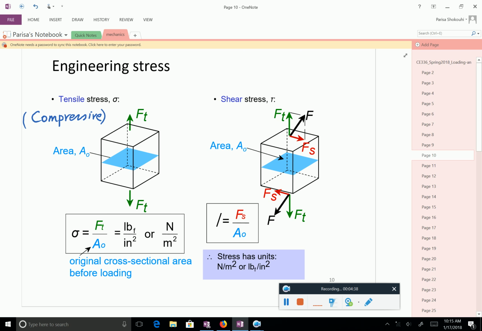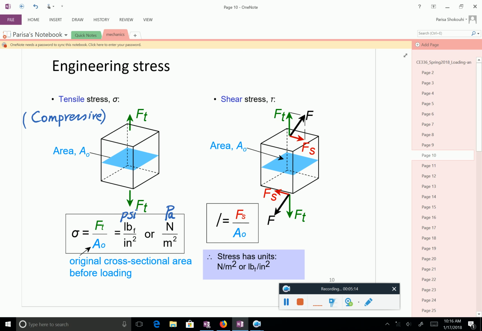So the units, depending on which unit system we work in, can be pounds per square inch, or you have heard PSI, or Newton per square meter, which is called Pascal, exactly. Of course, there is KSI, which is 1000 psi. There is kilopascal, megapascal, etc.